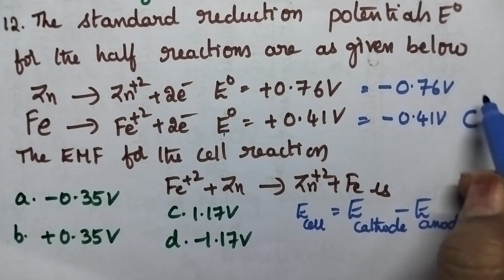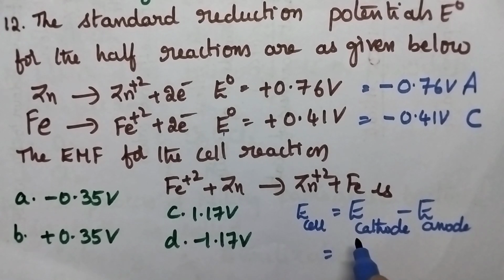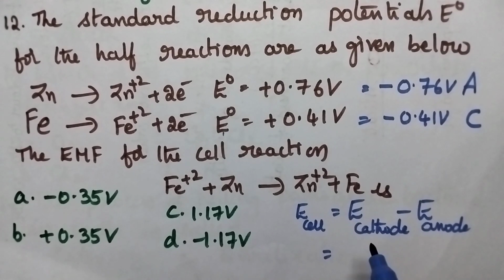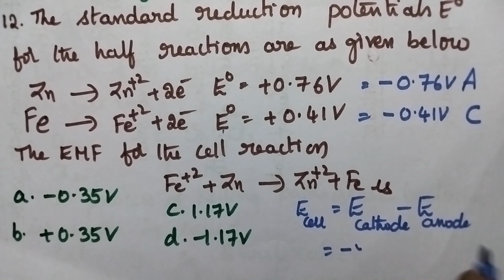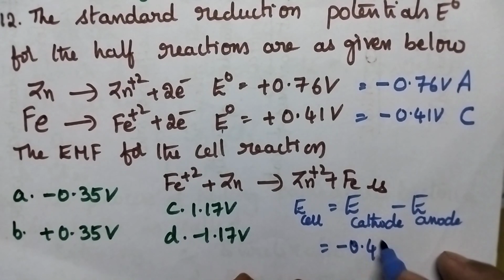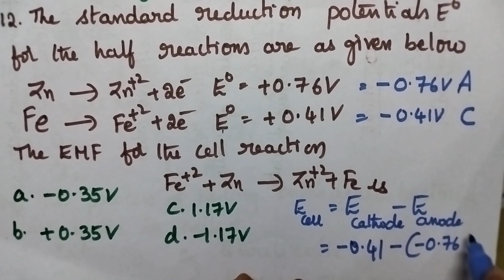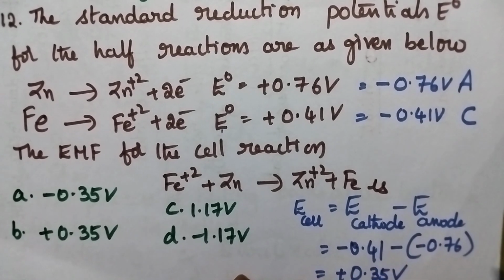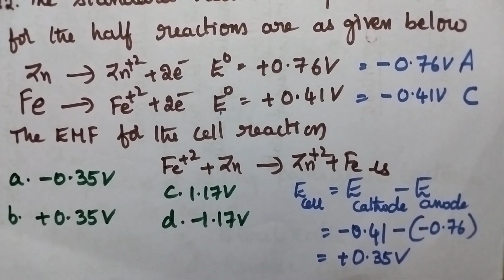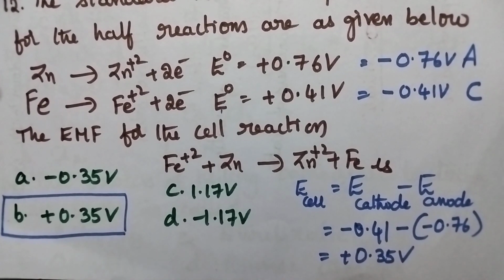So EMF of the cell is equal to E cathode minus E anode, that is minus 0.41 minus of minus 0.76. So that is equal to plus 0.35 volts. So the EMF of the cell is 0.35 volts. So option B is the right answer.